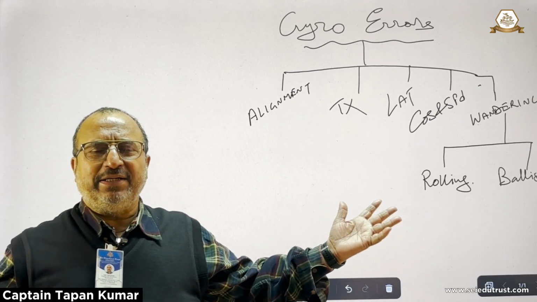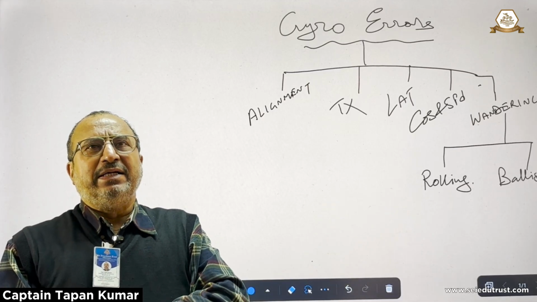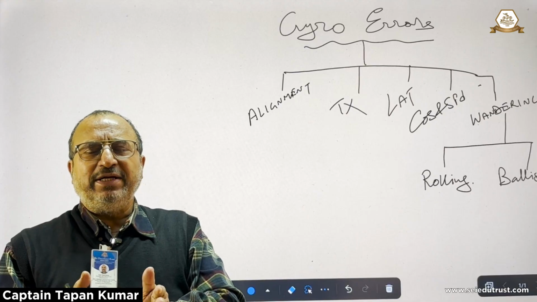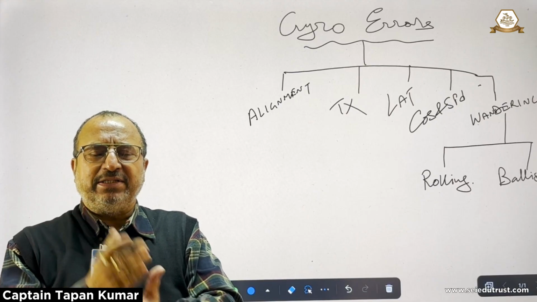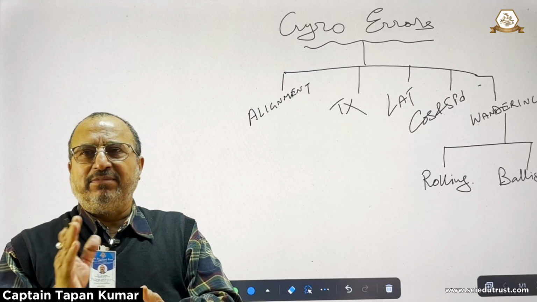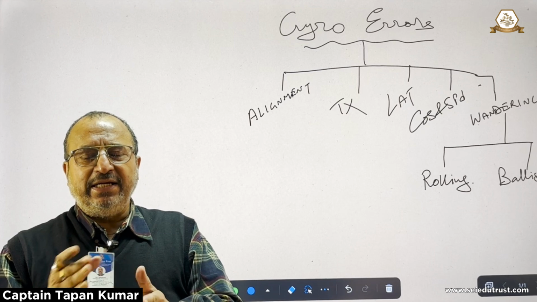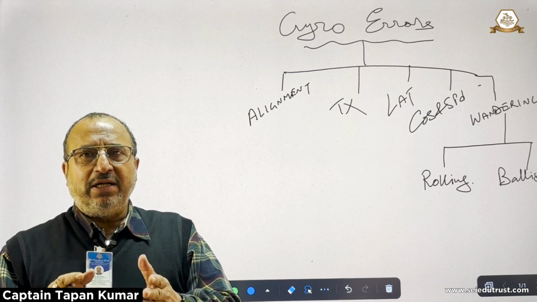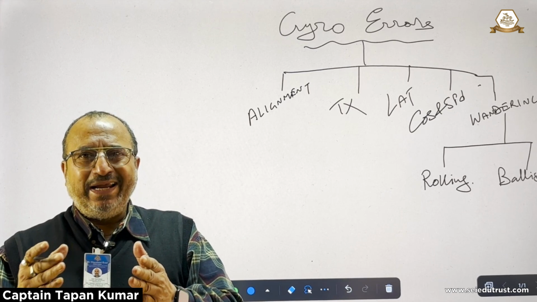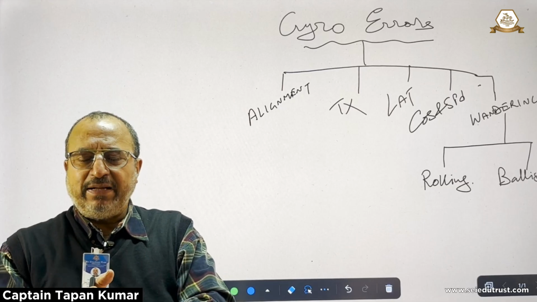What is alignment error? Alignment error is the difference between the indicated heading of the gyro and the ship's fore and aft line of the vessel. Now, when I say indicated heading of the gyro, how is the gyro heading indicated? That is by means of a level line, all of you know.